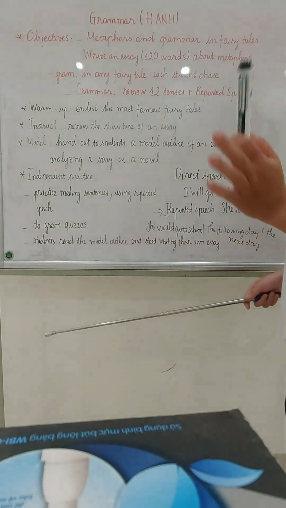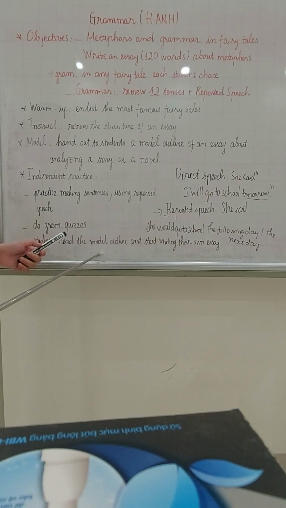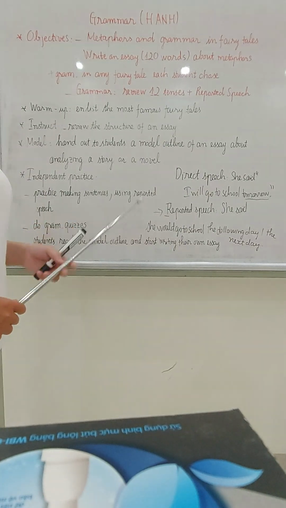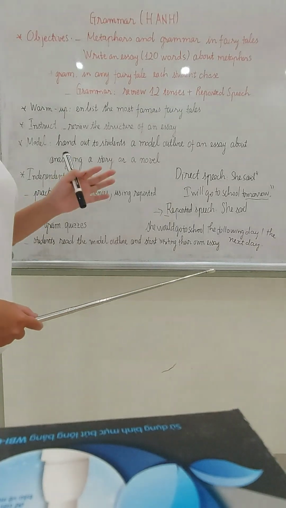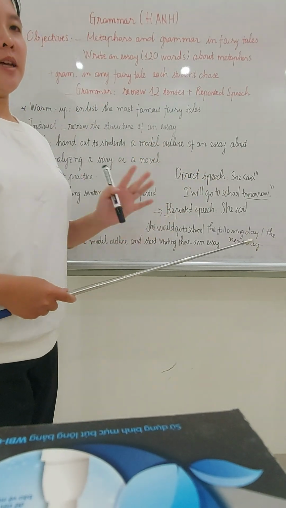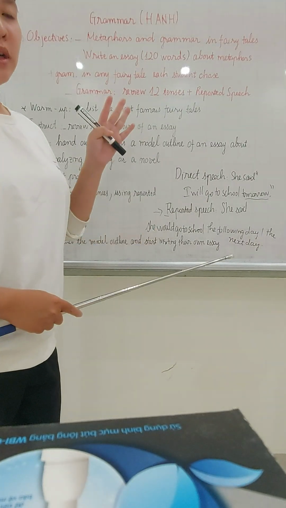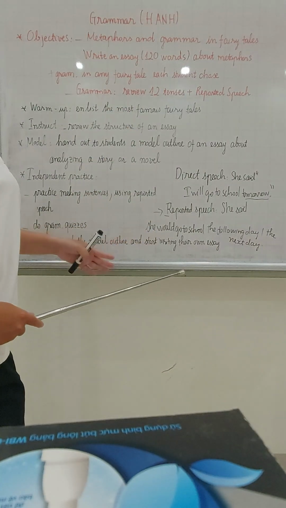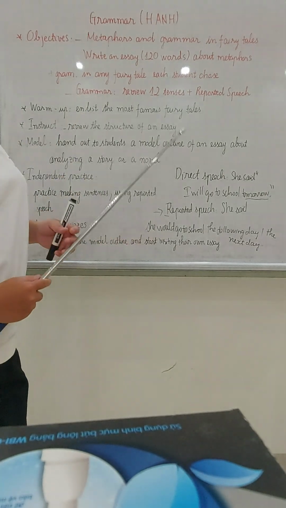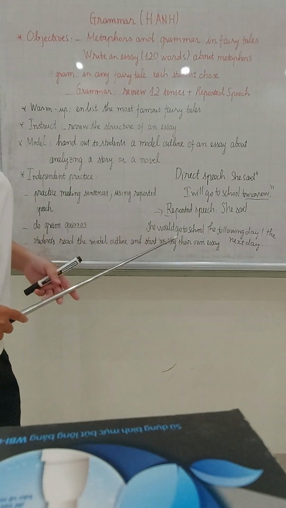Okay, and then before you start writing, you read the model outline and start writing your own essay. You have to write your own. No copying, no plagiarism, nothing. And during the writing, you cannot use the internet. You have to think yourself, and you have to combine metaphors and grammar into your essay.